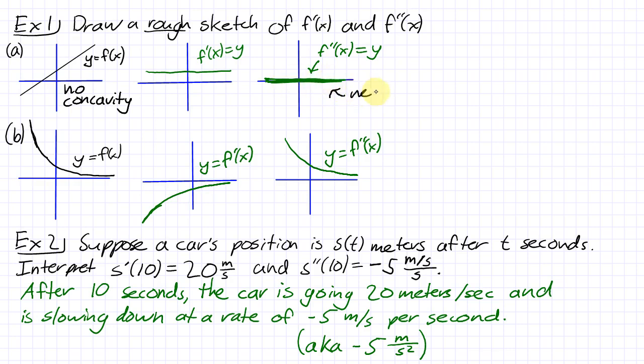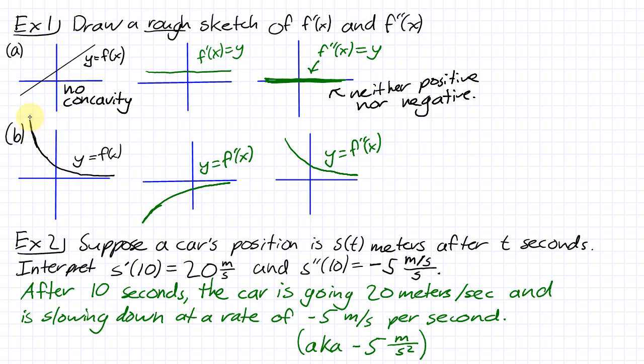If it's 0, it's neither positive nor negative, because 0 is neither of those. So that's always true with linear functions. They always have no concavity and 0 as a second derivative.